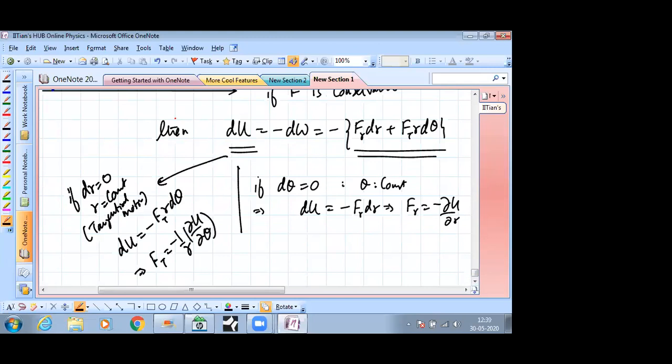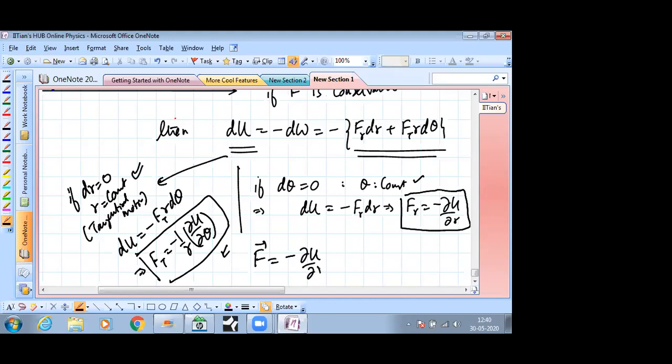Why we are changing it to del by del instead of the perfect derivative is because we are applying the condition that r is constant. So this becomes a partial derivative. Here we are applying the condition that theta is constant. So then we can say overall that the force is minus del u by del r, r cap, minus 1 by r del u by del theta, theta cap.